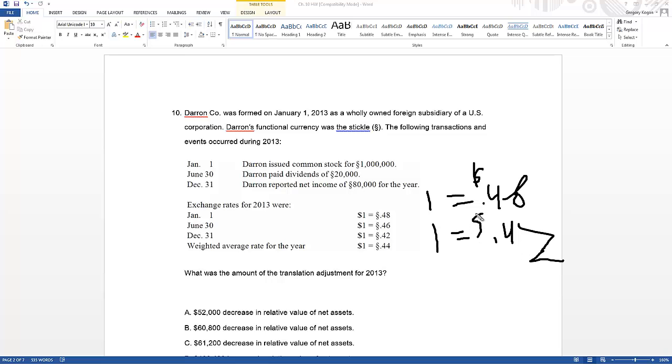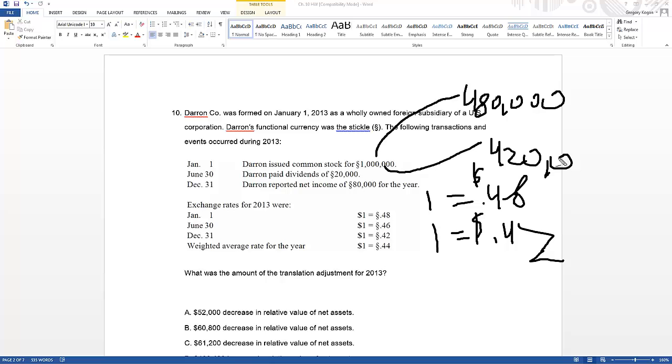So the idea is, on a visual level, if you want to figure this out, you go, okay, what is a million stickles worth in dollars at the beginning of the year? You apply the rate and this million stickles equals $480,000, translating at the current rate. Then you take the same concept at year end, apply the 0.42 translation, and you have $420,000.